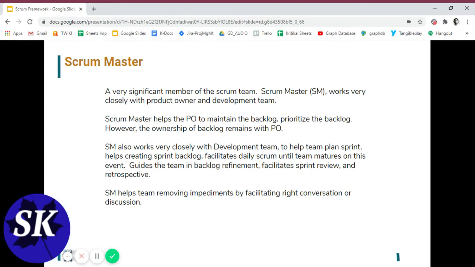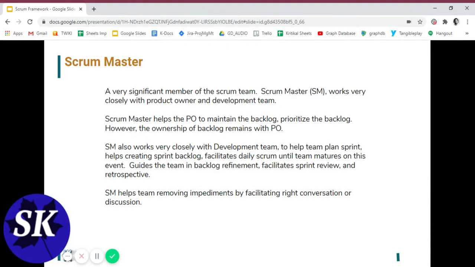Right? So staying detached from the project helps the Scrum Master in helping the team in staying agile and practicing agility, following Scrum events, facilitating Scrum events as and when required.